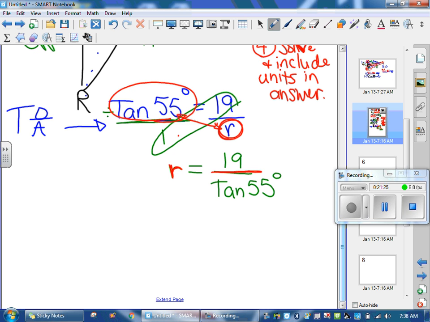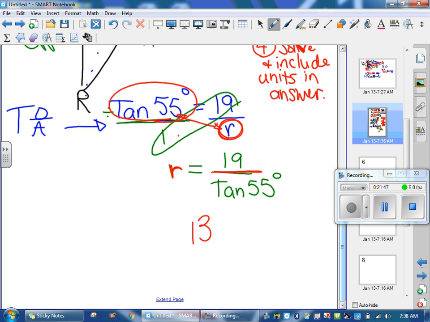Next, we go back to our main screen. You're going to type in 19 divide by, now hit your tangent button, and then hit your 55 and enter. That's going to give us exactly 13.3, and we're going to go to 1 decimal place.